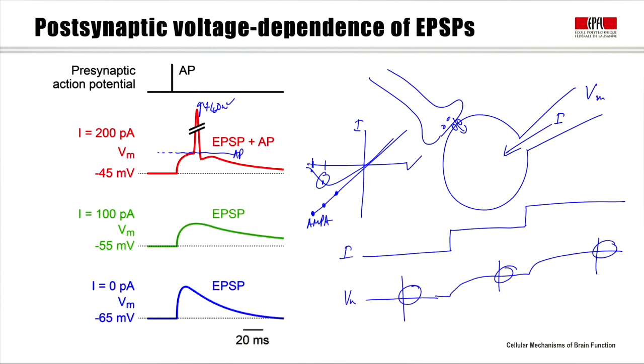So you can see that there are some relatively complex membrane potential dynamics to think about. As we depolarize, the driving force gets smaller, but at the same time we're also recruiting more NMDA receptors. Depending upon how many NMDA receptors are present at the synapse, you can get quite different effects of depolarization at different synapses.